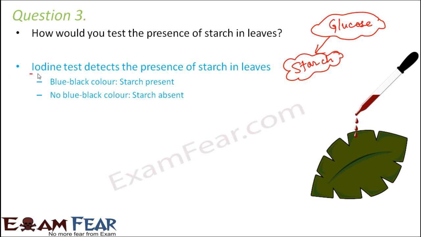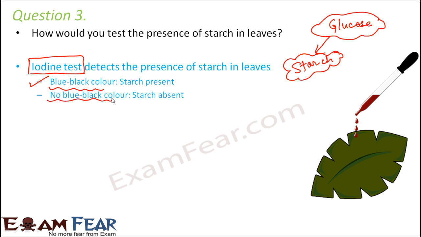Now what happens in that iodine test is that you put a few drops of iodine on a leaf. Now if the leaf contains starch, in that case the color of the leaf would become bluish black. But if there is no starch present in the leaf, then there will be no bluish black color. So basically it is a very simple test. Now why does this color change happen?